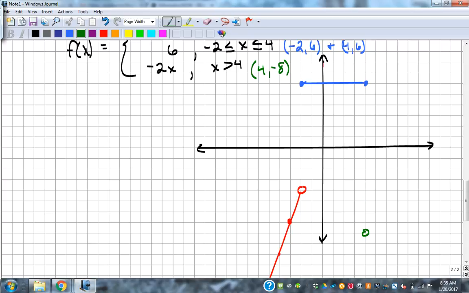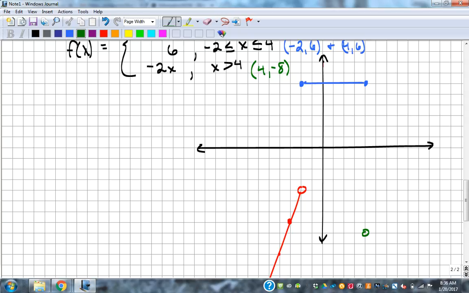And then it says it looks like negative 2x, which is what kind of picture? It's going to be a straight line, right? With a slope of negative 2. So how do I count that? Which direction am I going? To the left or to the right? X's are greater than 4.